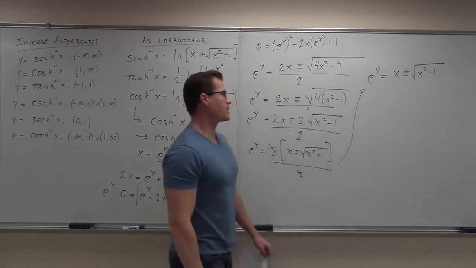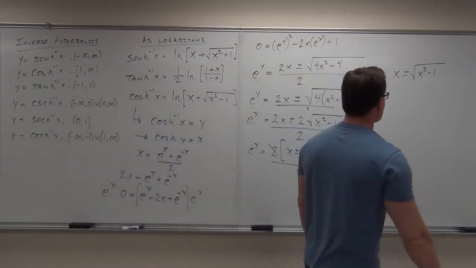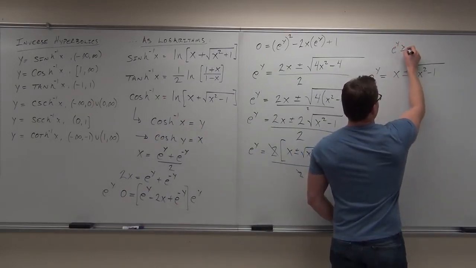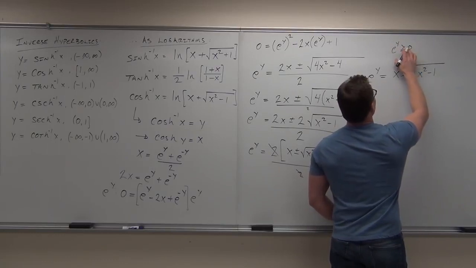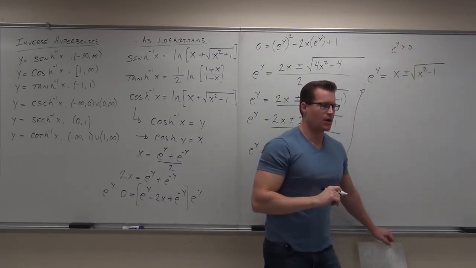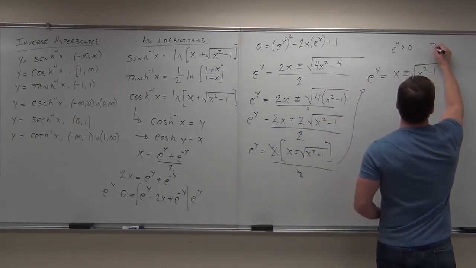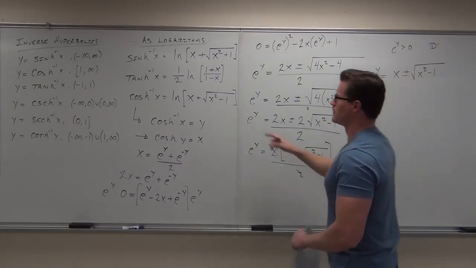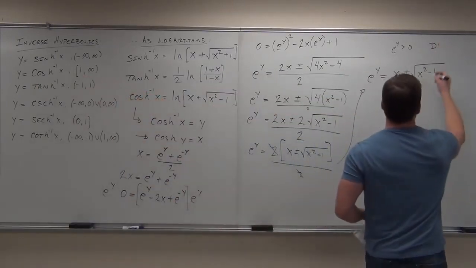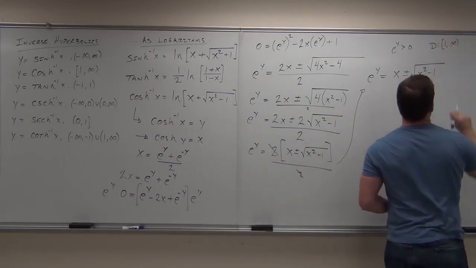Now, I want to talk about the plus and minus real quick. A couple little notes here. e to the y has to be positive. Do you agree with that? Exponentials are always positive. Our domain is 1 to infinity that we're working with here.